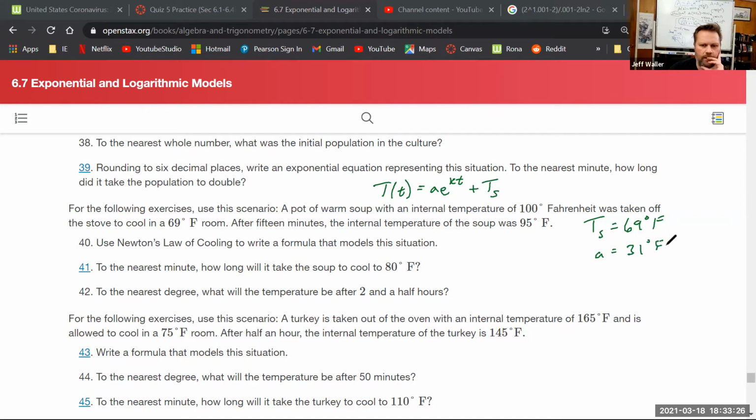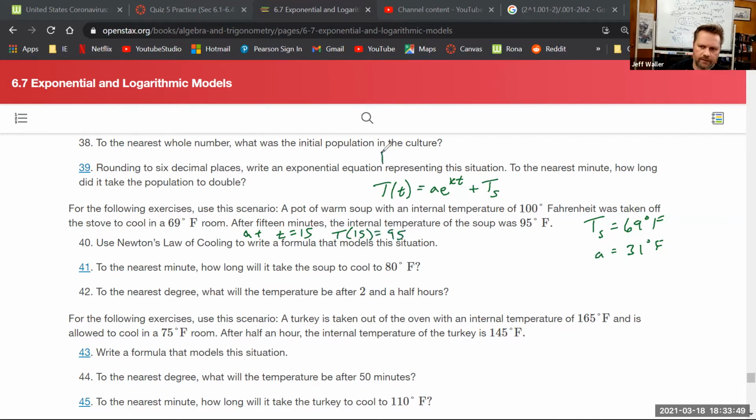What else do I know? 15 minutes. I know that at t equal to 15, the temperature of the soup was 95 degrees, so T of 15 is 95.